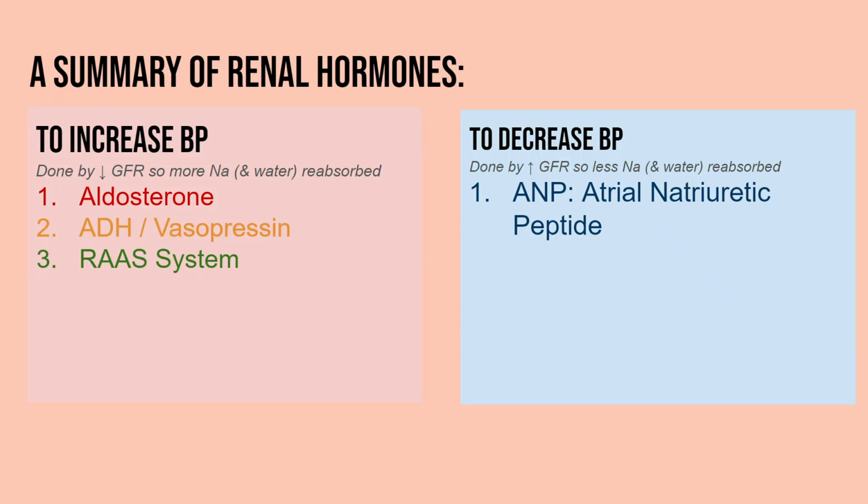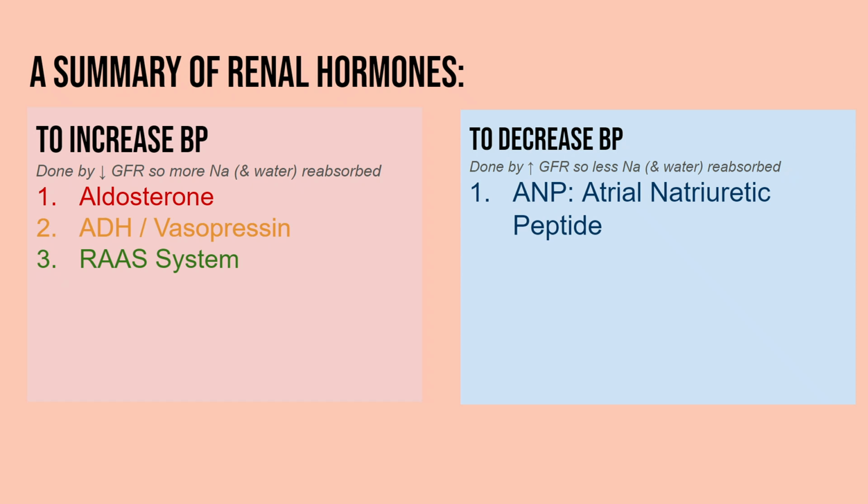So here's a summary of the hormones and their effect on blood pressure. Aldosterone, ADH, and the RAS system, the renin-angiotensin-aldosterone system, all increase blood pressure by decreasing the glomerular filtration rate.